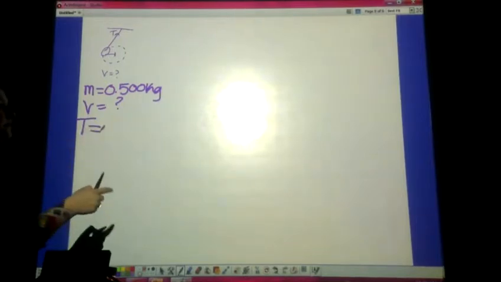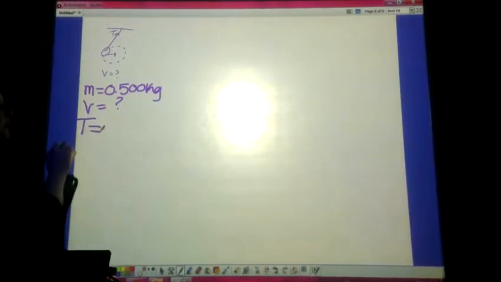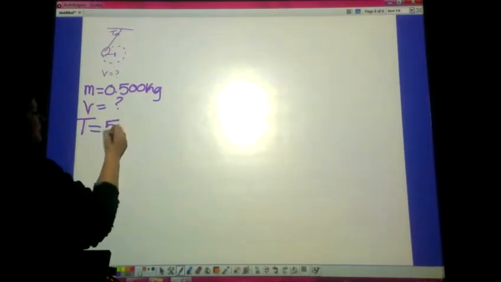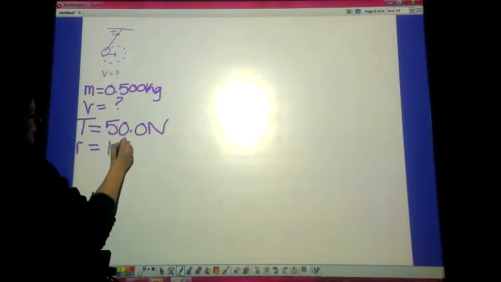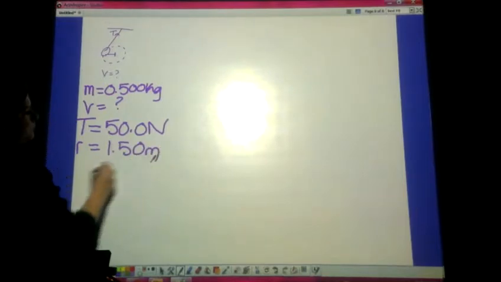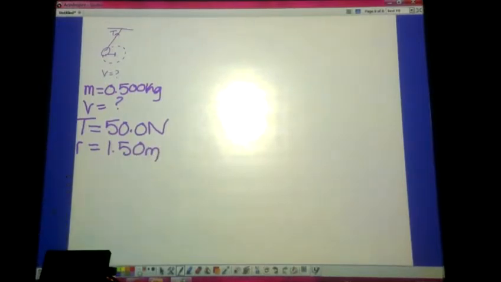I know the tension in the rope when it could be at its maximum speed is 50 newtons. And they gave me that the radius was 1.50 meters. So this is a little different from our last problem where we derived what we could use to find speed, because we don't have theta. And I actually don't even need theta in this problem because I can think about it a different way.